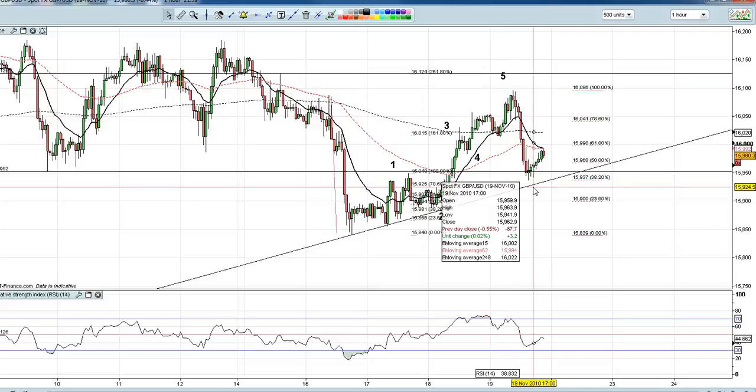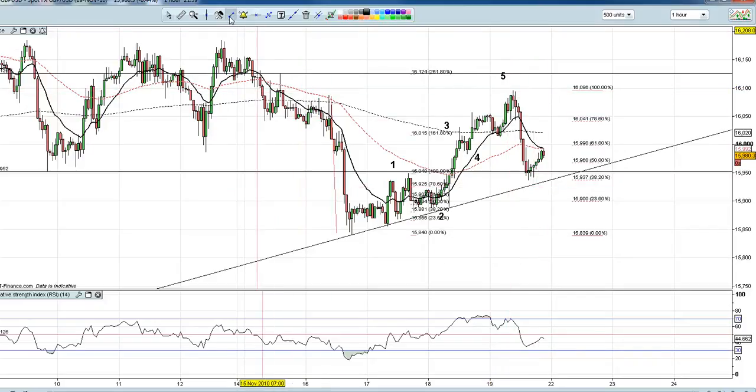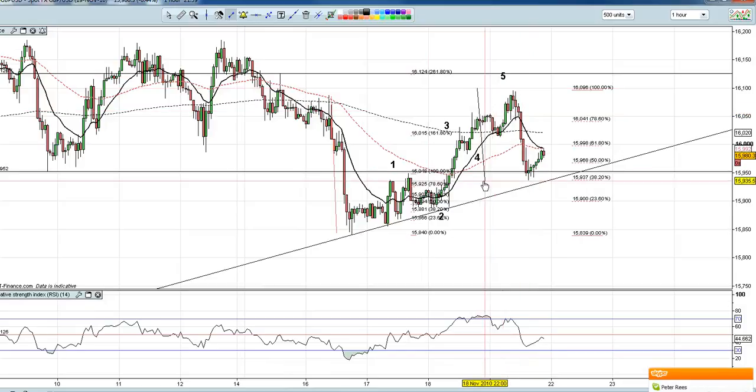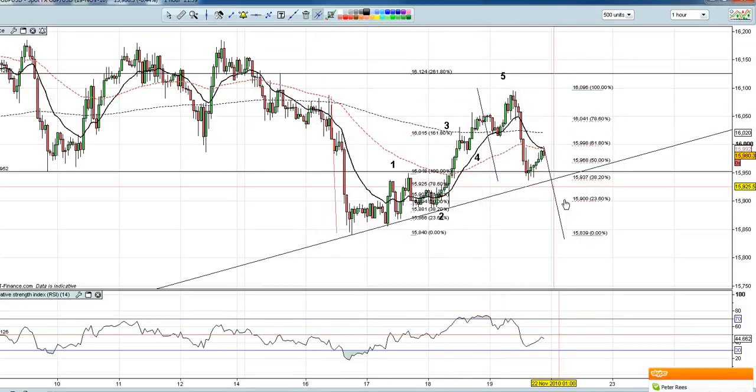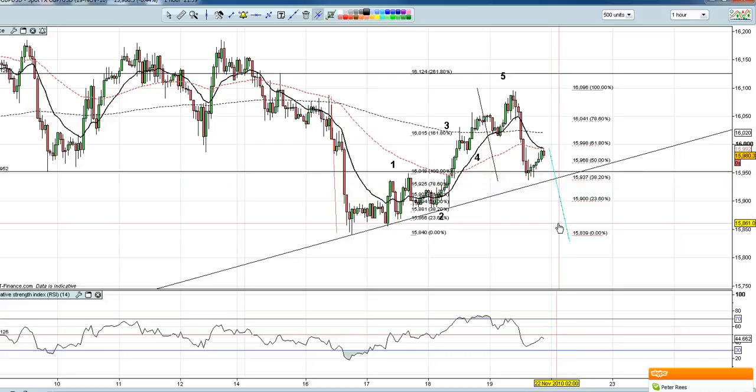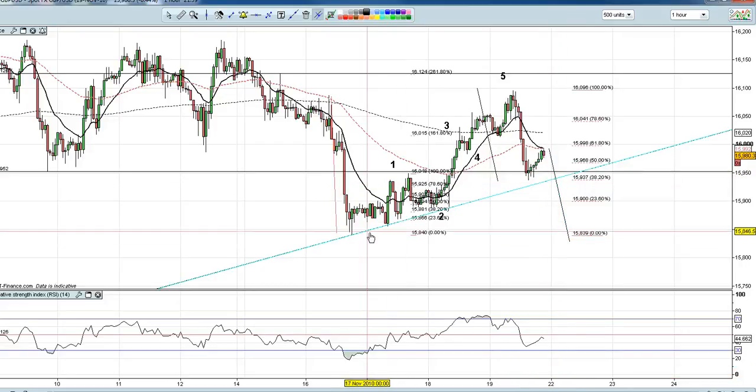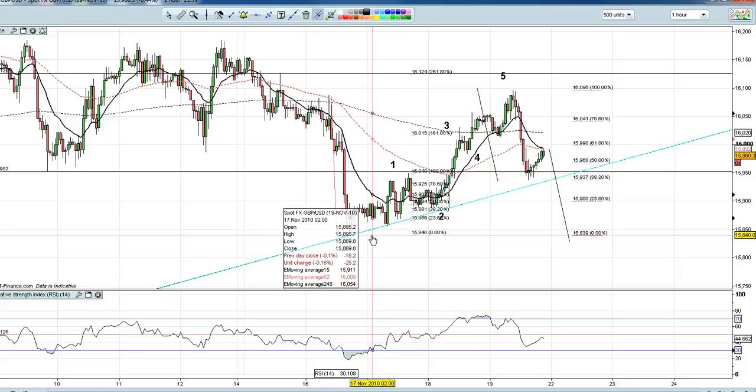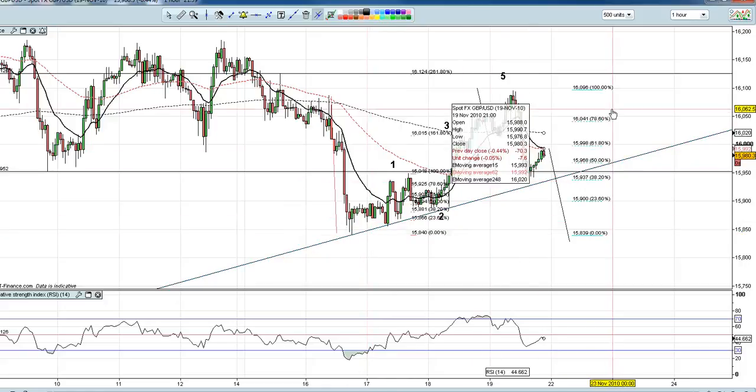So quite an aggressive move. As long as she doesn't take out the lows, she could well do. As long as she doesn't take out the low, 158.40, I'm still bullish on this pair.